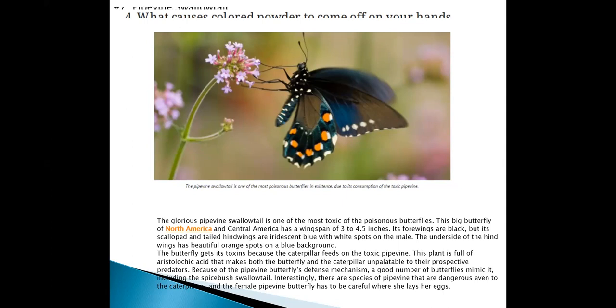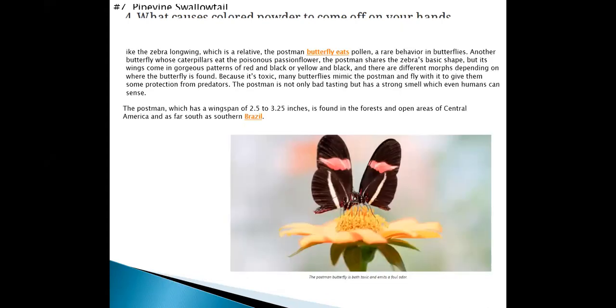They will be taking the nectar, the food, from different kinds of plants which have high secondary metabolites. These high secondary metabolites are not good for human beings. So it is very good that we get away from these butterflies. Just observe and go away.